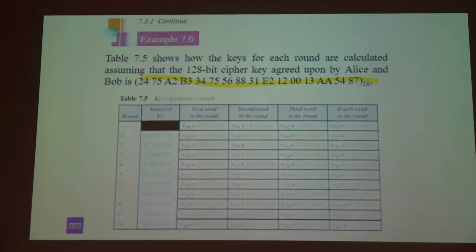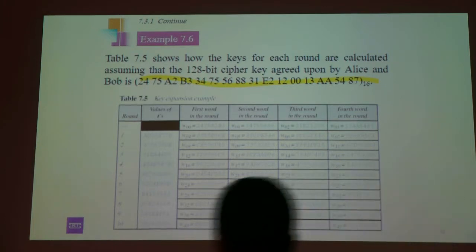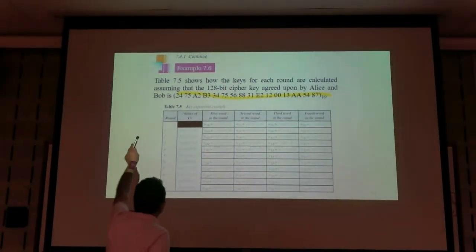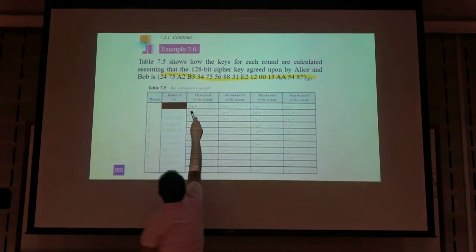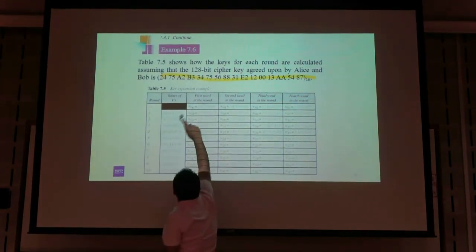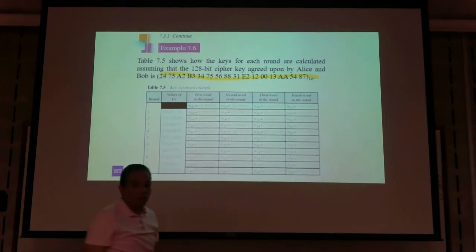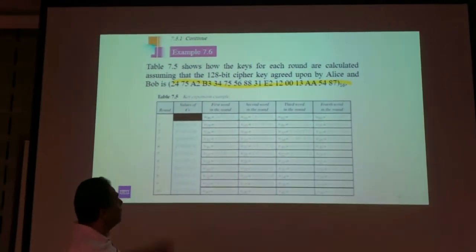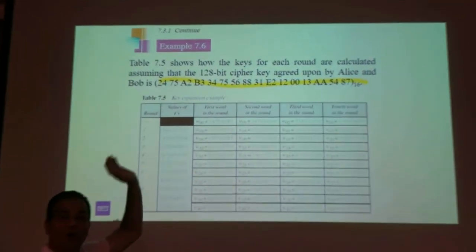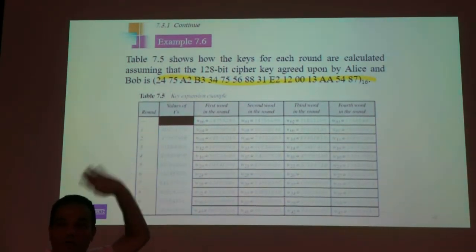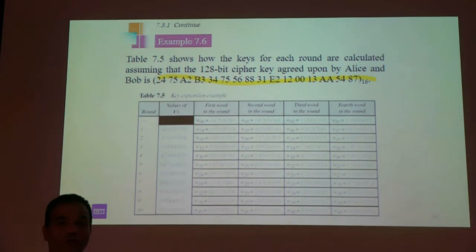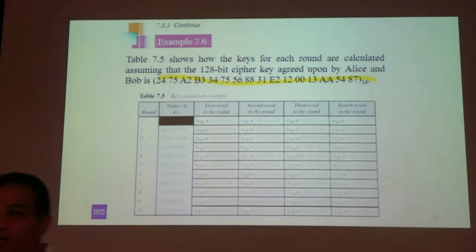What are the first 4 words? 24, 75, A2, B3, and that's word 0. Tell me what is the second word, W1? The next 4. What is W2? The next 4. W3, the next 4. So the first 4 words are very easy, right?